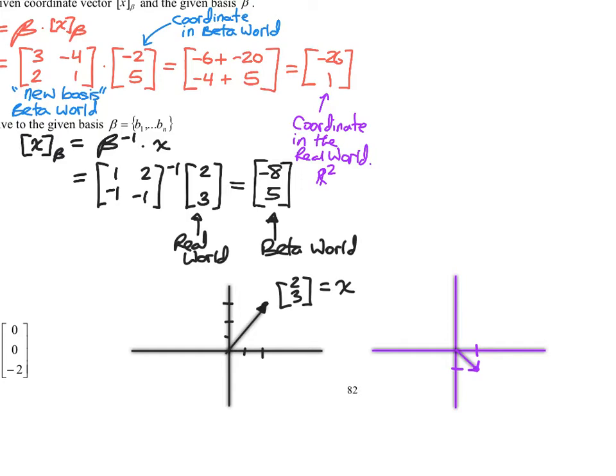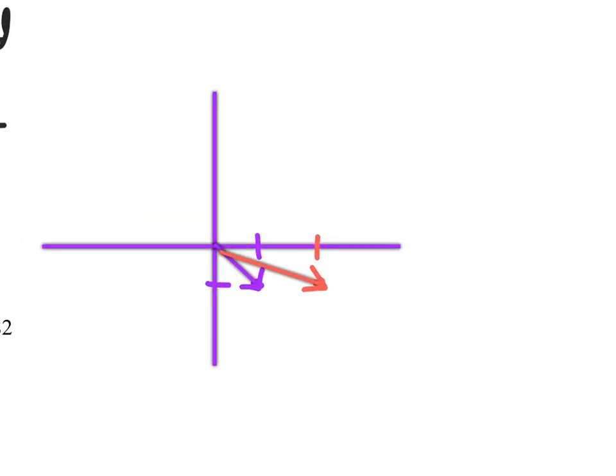And 2, -1. I really probably should have written that in another place. So let me put the 2 and the -1 here. And instead of actually labeling them with their numerical values, executive decision here, I'm just going to call one of them b1 and the other one b2.